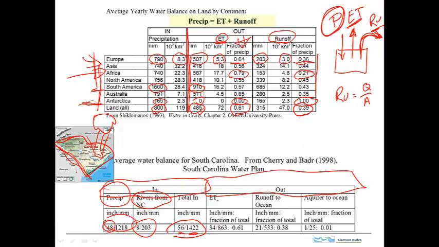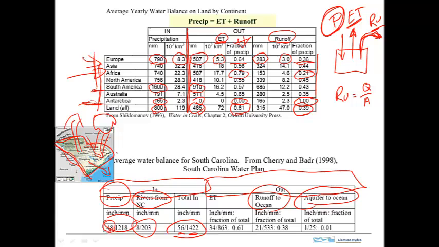And the outflows, we've got ET coming out, and that'll be happening everywhere except Antarctica. We also have runoff to the ocean, so we've got streams flowing into the ocean, and we have aquifers discharging to the ocean.